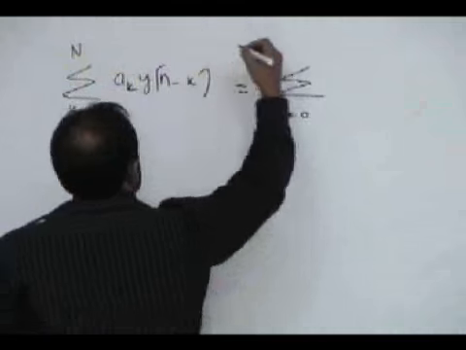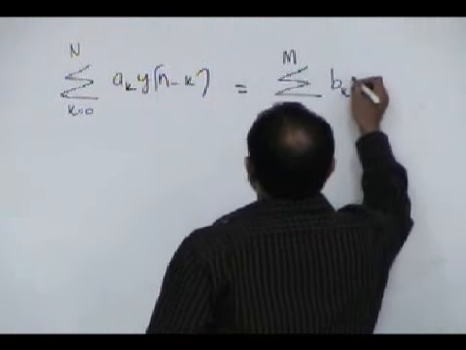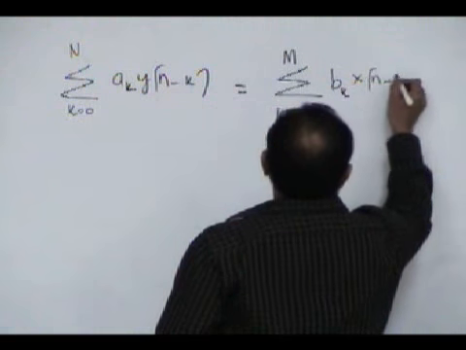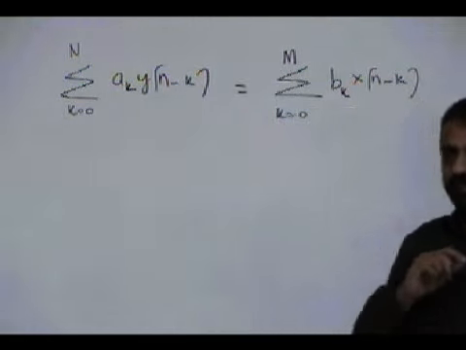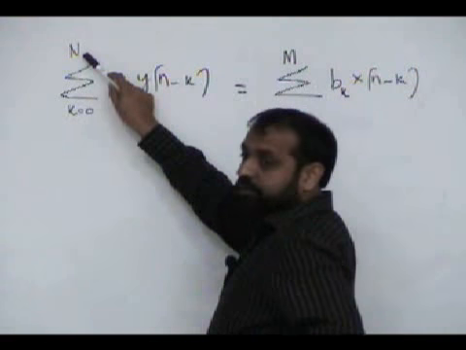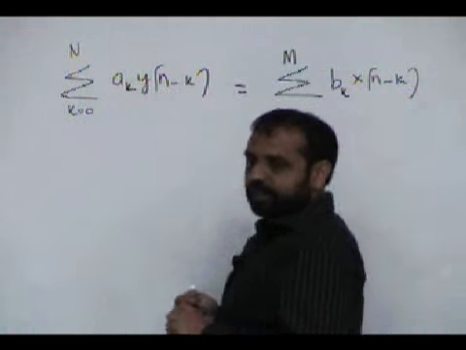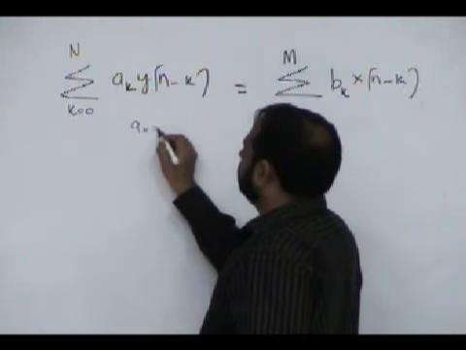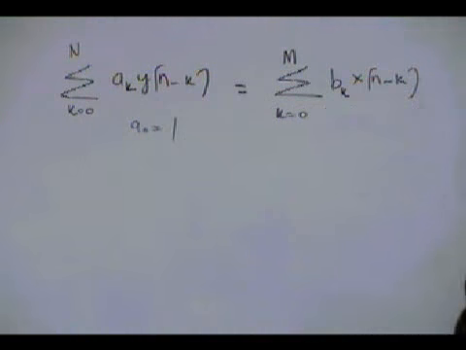This is M. If this is an FIR system, then N will be equal to 0. There will be only y of n, and usually a of 0 is kept 1. If it is not 1, then you divide everything by a of 0 to make it 1.